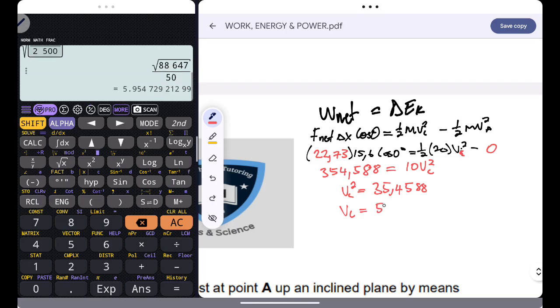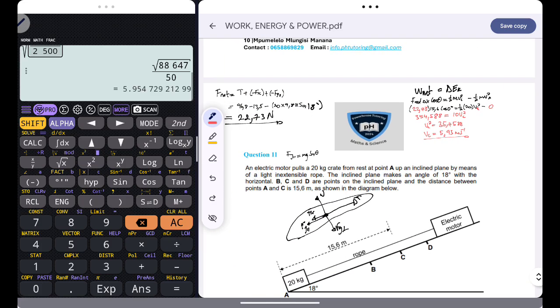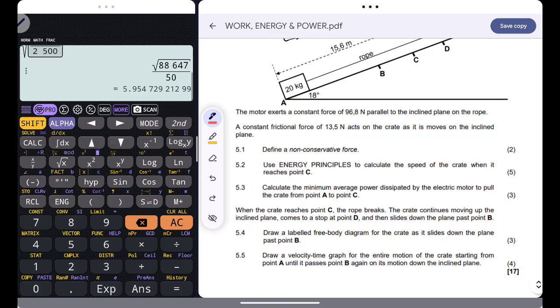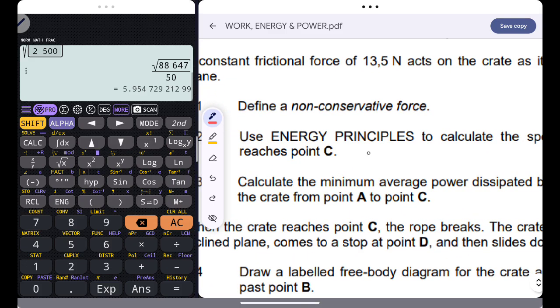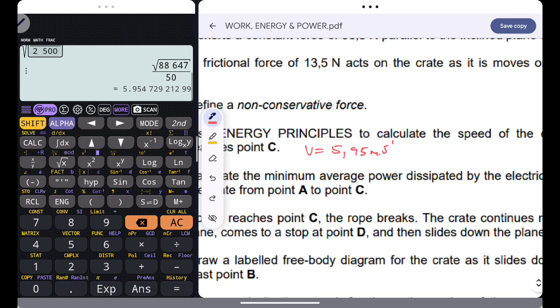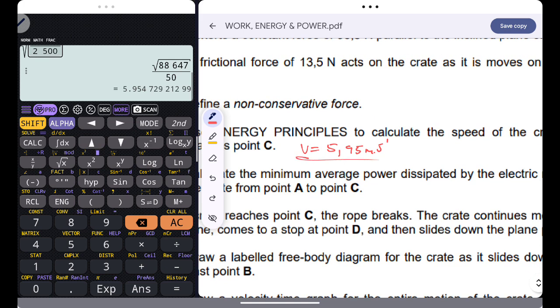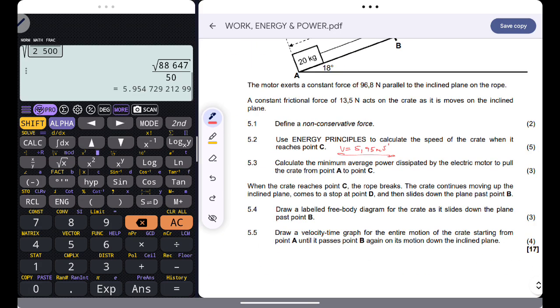You'll simply get 5.95 meters per second. So that's the speed or the velocity. Yeah, they wanted the speed, so direction does not matter.